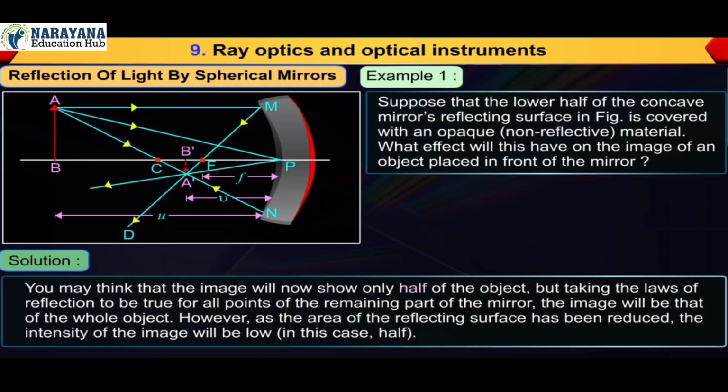But taking the laws of reflection to be true for all points of the remaining part of the mirror, the image will be that of the whole object. However, as the area of the reflecting surface has been reduced, the intensity of the image will be low, in this case half.